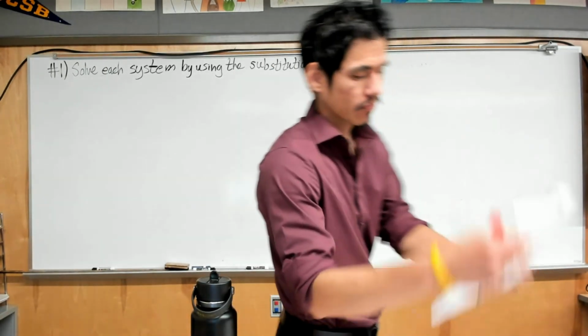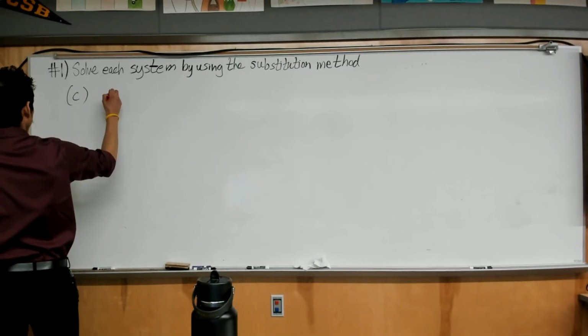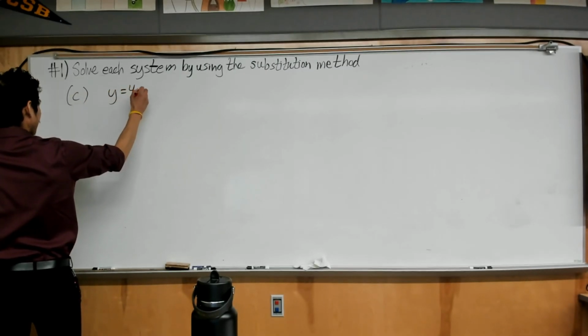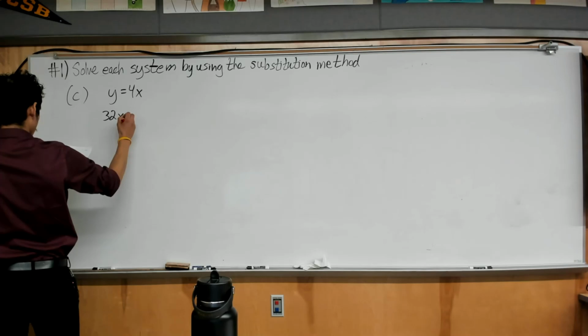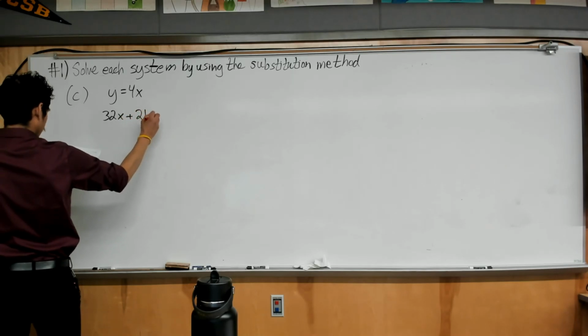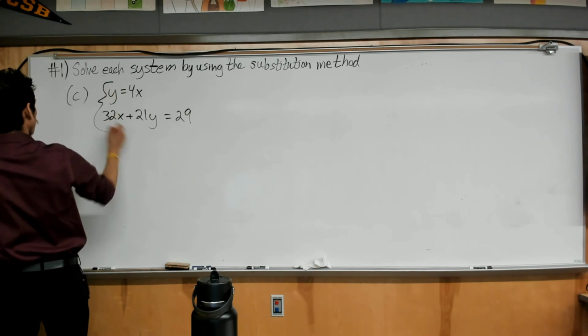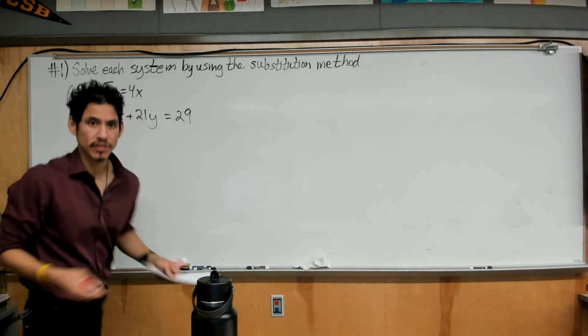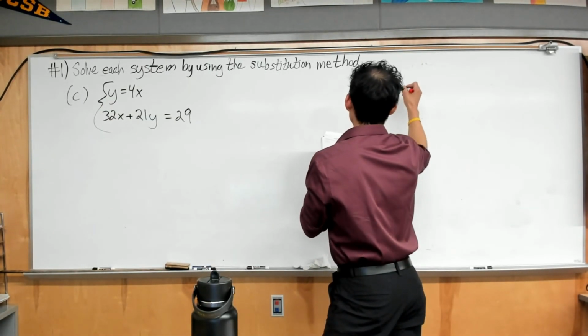But all right. So C, we have y equals 4x, 32x plus 21, y equals 29. And start the other one now too, just because I want to.